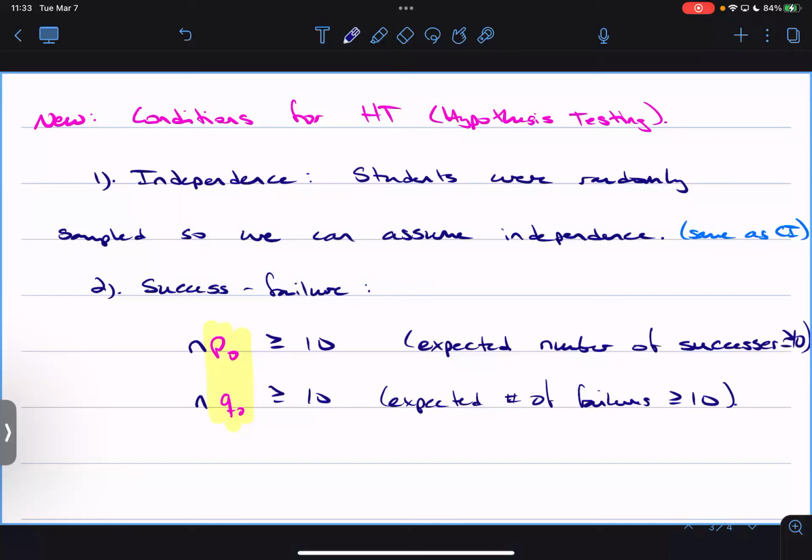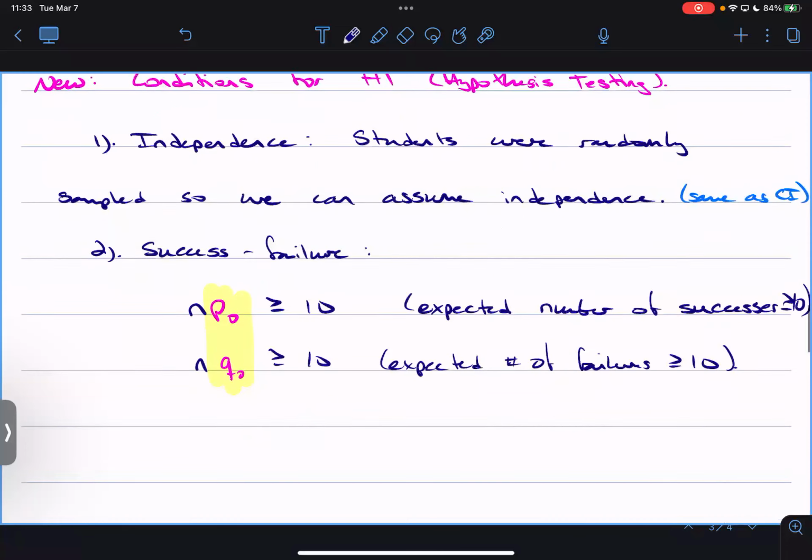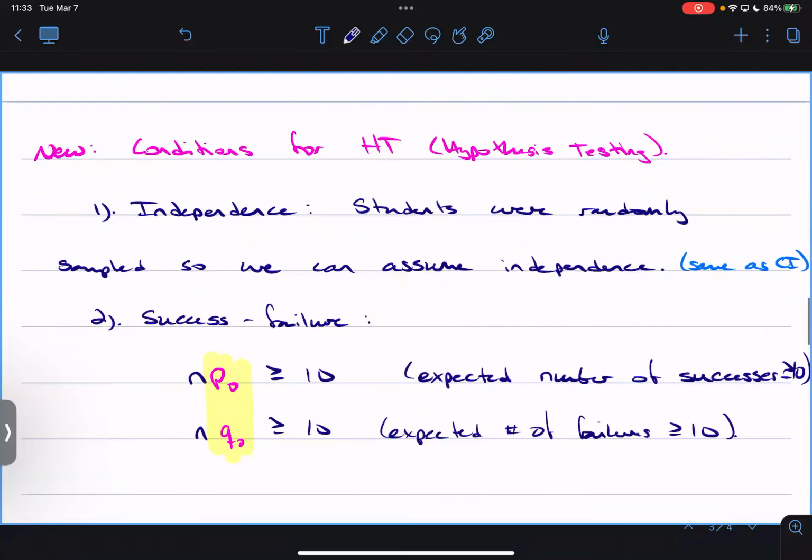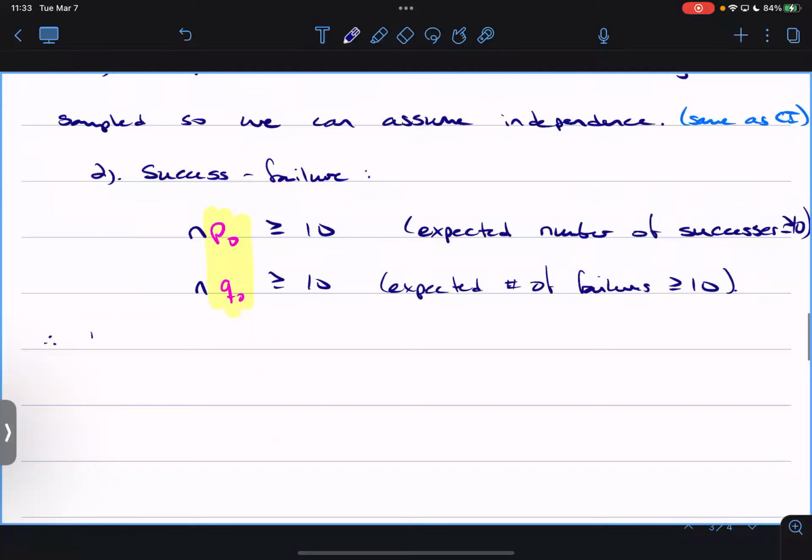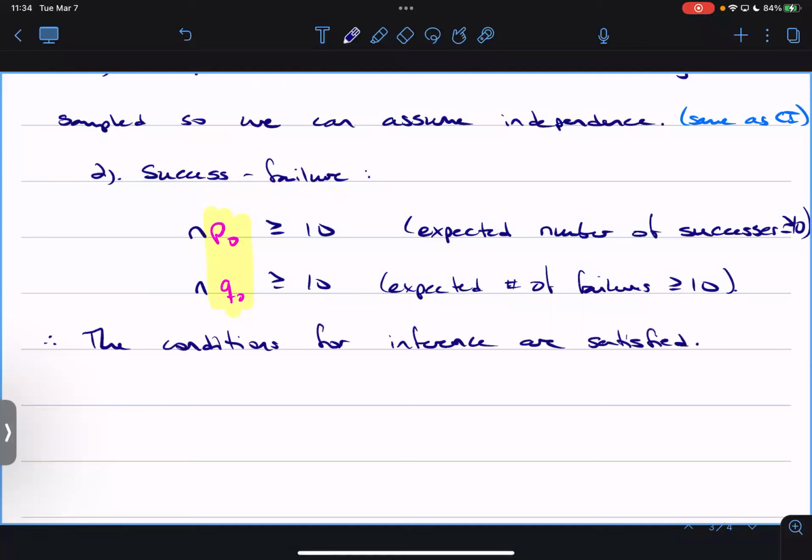We didn't use P hat and Q hat, we used P naught, Q naught, as we saw on our formula sheet, but we haven't actually done it yet. So now we're ready to say that therefore the conditions for inference are satisfied. Very generic. But you can always seal the deal with that.